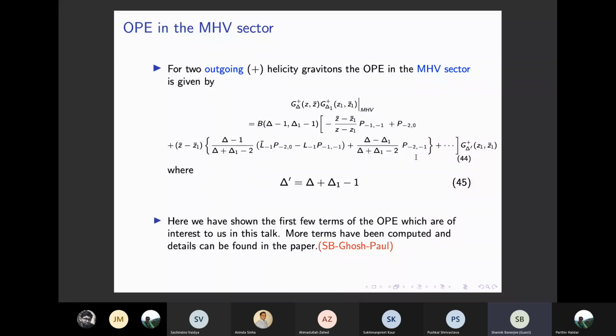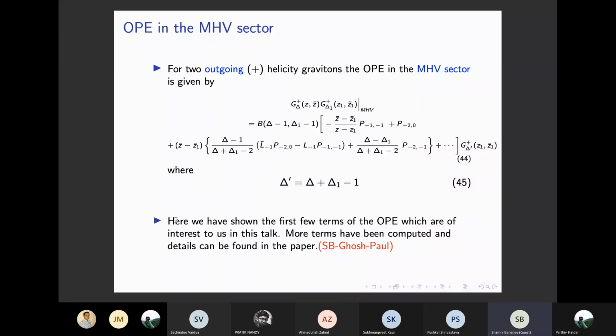These are just the first few terms, but you have an infinite number of them. I just wrote down these terms because they are the ones which will give me the scattering amplitudes.